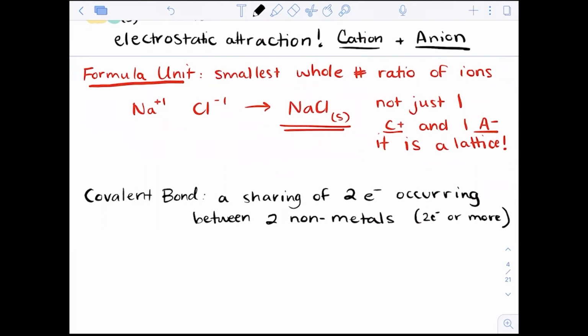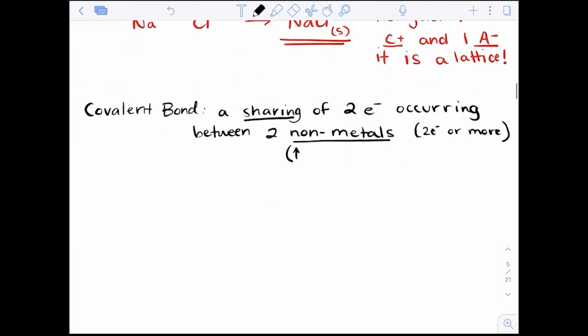Now, why is this different? Why are we sharing instead of transferring? With 2 nonmetals, we have a very high ionization energy and a very high negative electron affinity. So these 2 nonmetals don't want to give up their electrons entirely, but they will share them in order to reach a stability.